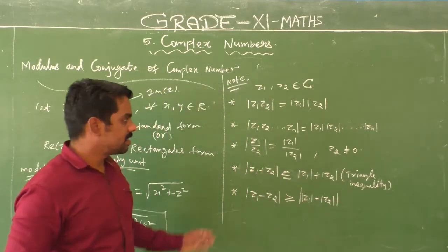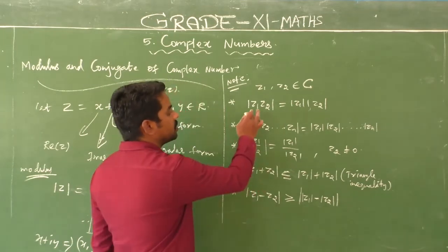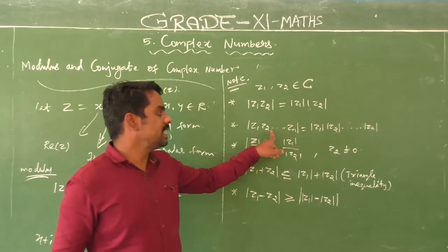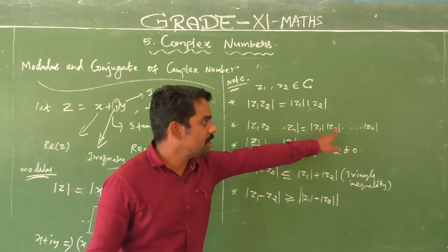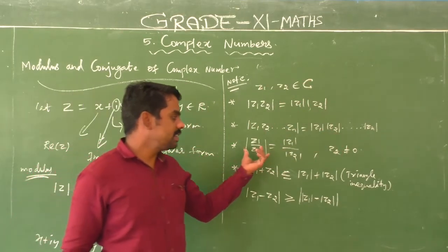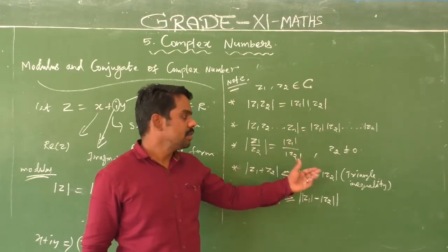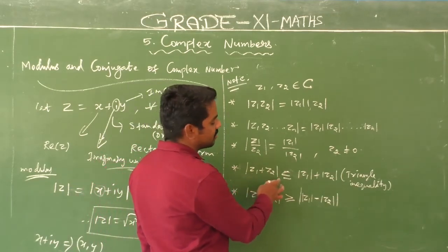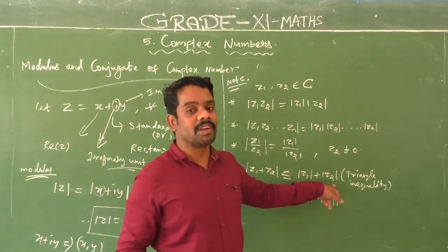This is a very important modulus property. Modulus of z1 into z2 and so on is equal to modulus z1 into modulus z2 and so on. Modulus of z1 by z2 is equal to modulus z1 by modulus z2, where z2 is not equal to 0. Modulus of z1 plus z2 is less than or equal to modulus z1 plus modulus z2. This is the triangle inequality property.